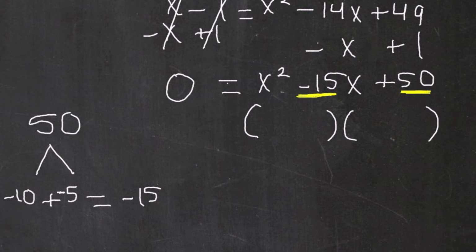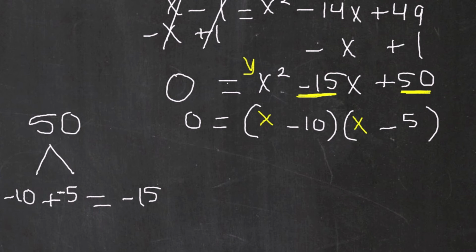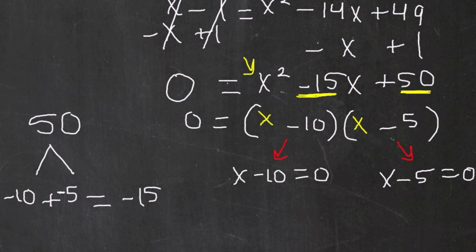To factor the first term, this x squared, it would just be x times x. Then we have our minus 10 and our minus 5 equals 0. After you factor, you take each factor and set it equal to 0. So I'm going to take this factor of x minus 10 and set it equal to 0, and take this factor of x minus 5 and set it equal to 0, and solve for x.